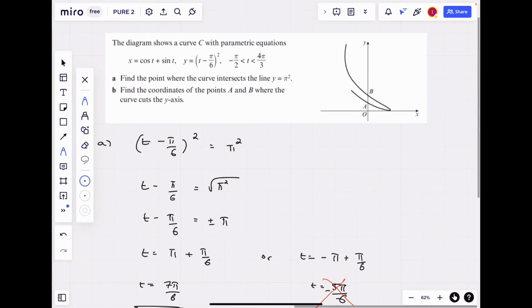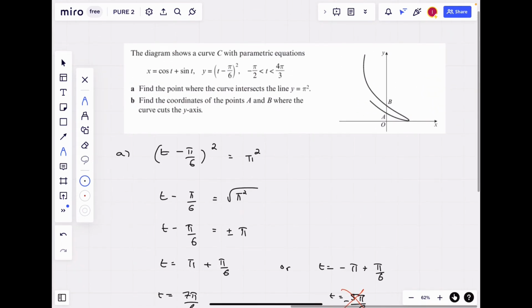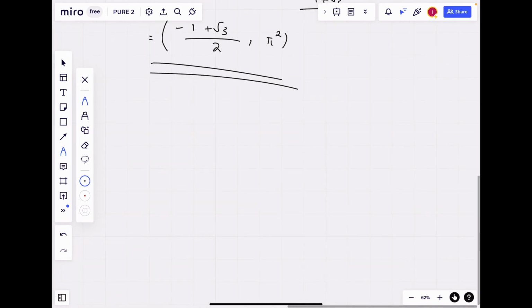Okay, part B. Find the coordinates of the points A and B where the curve cuts the y-axis. Same as the other one. If it cuts the y-axis, x is equal to 0. So you try and work out the values of t when x equals 0. Cos t plus sine t equals 0. So that means sine t equals minus cos t.